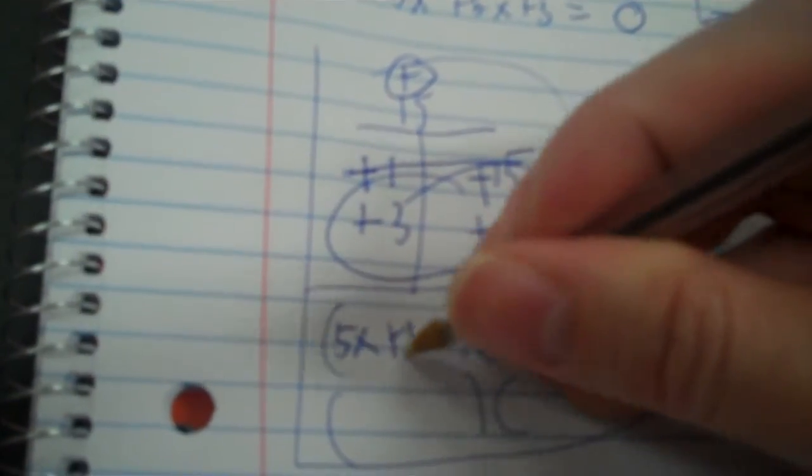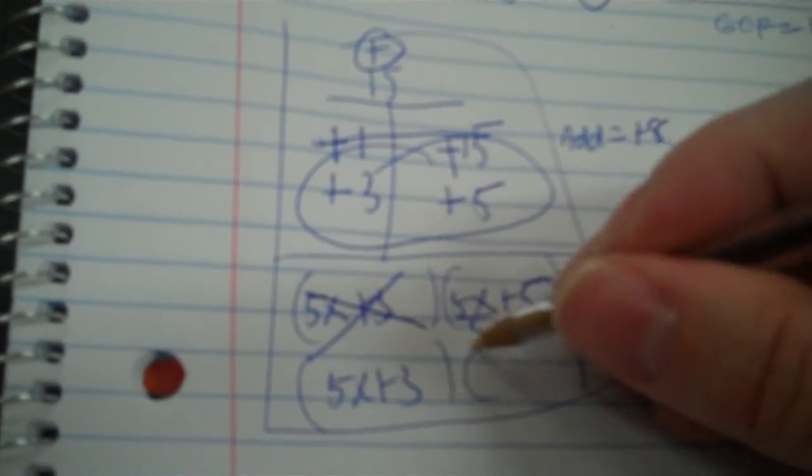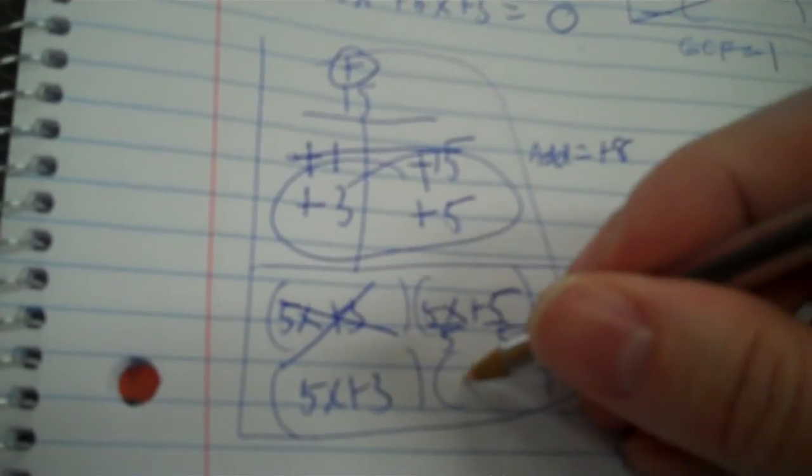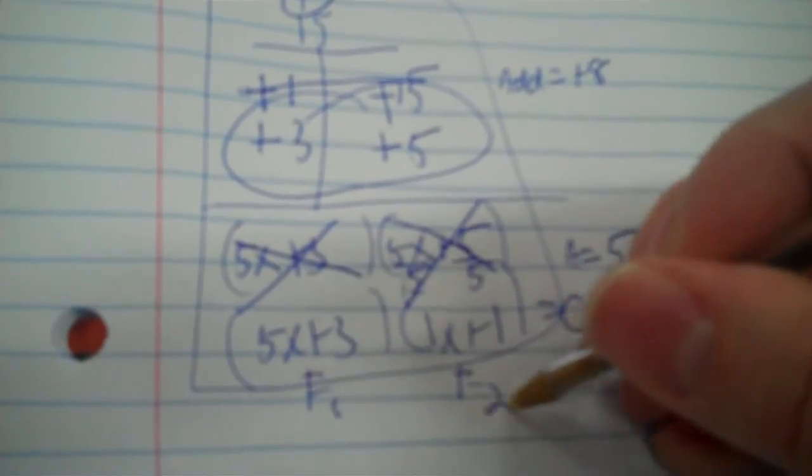So 5x plus 3 plus 5. 5 and 3, it's 1, so 5x plus 3. You need to divide that by 5, okay, if it's the same number, so it's 1x plus 1. And that has been now rewritten into two factors, f1, f2, two linear factors. So 5x plus 3 could equal 0, as can 1x plus 1.